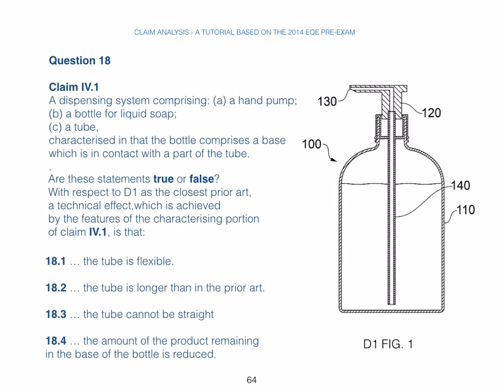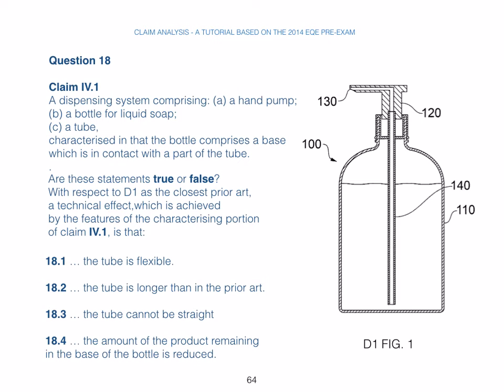And the fourth effect: the amount of the product remaining in the base of the bottle is reduced. Now, I think if you are awake, you will have noticed that this technical effect is described in the client's application.